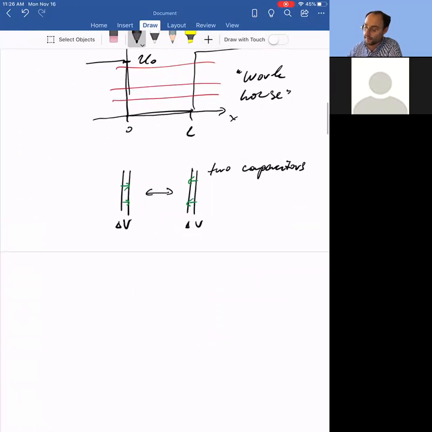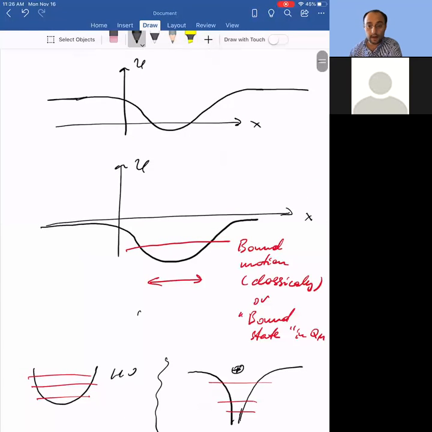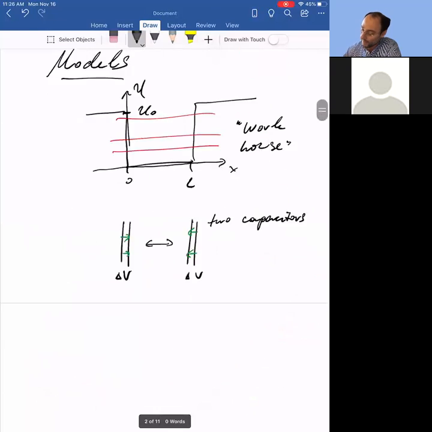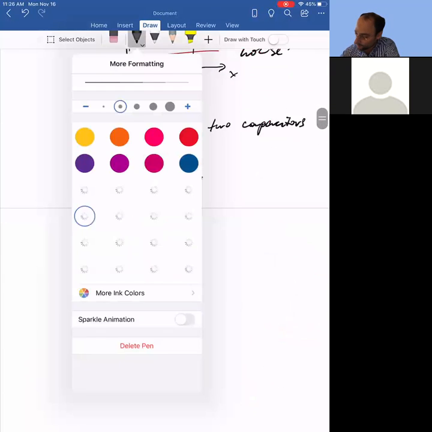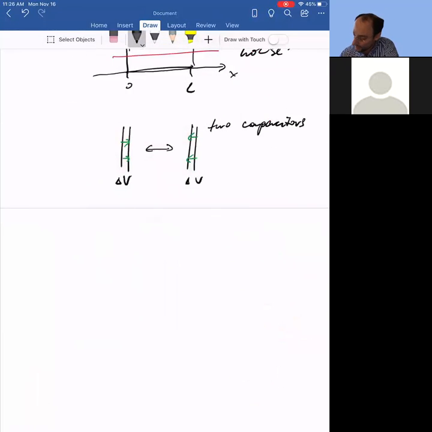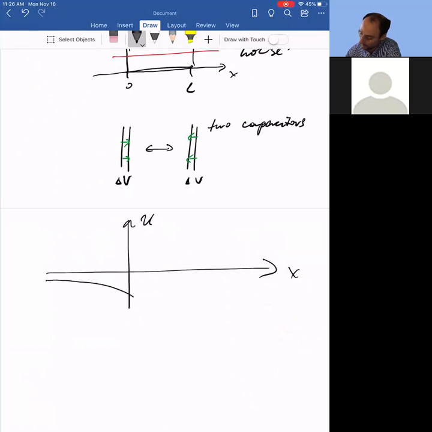I can go back to this generic potential energy, and I can ask, what if the energy is larger than potential energy at infinity? So what if you have something like this? Okay, let's discuss classical situation. Well, what does this describe?